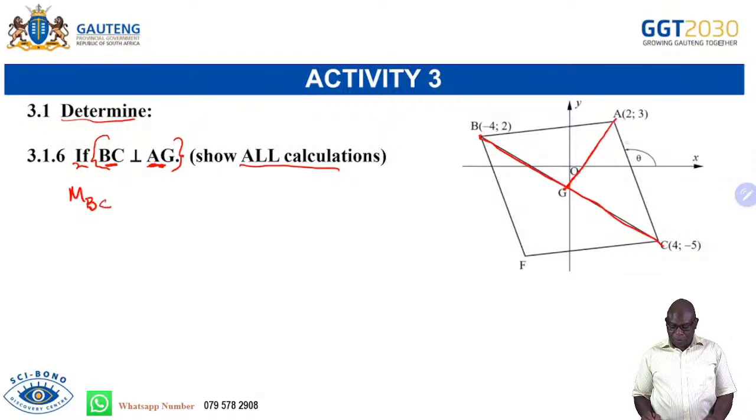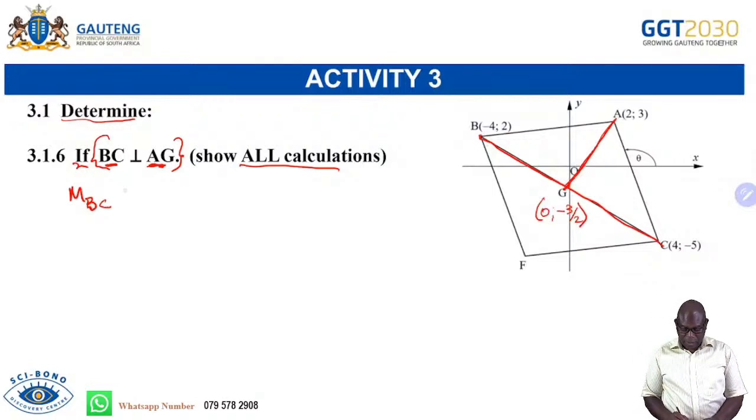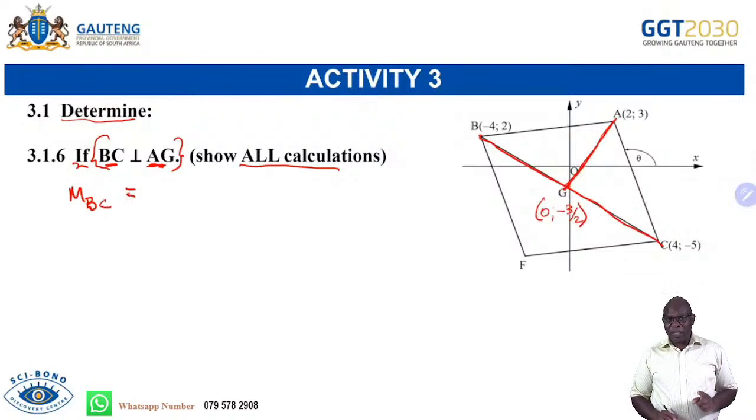If the gradient of BC times the gradient of AG, remember the G point is (0; -3/2), gives us -1, then we know they are perpendicular. But let's first get the gradient of BC. So you cannot write gradient of BC times gradient of AG equals -1 and then work it out.